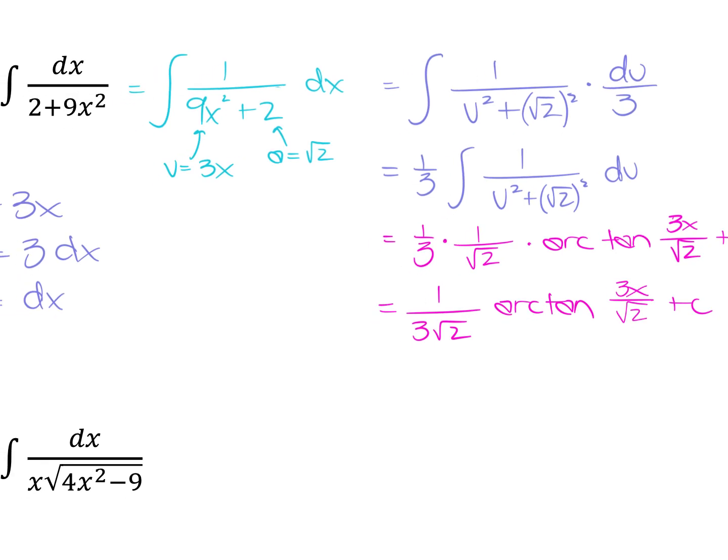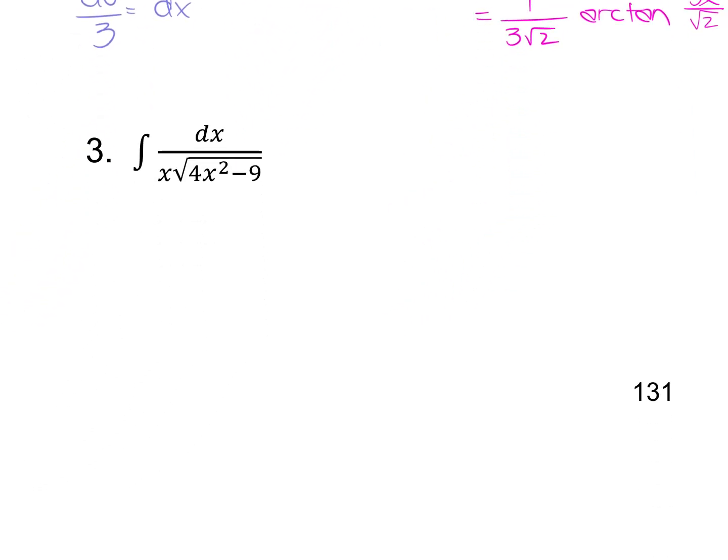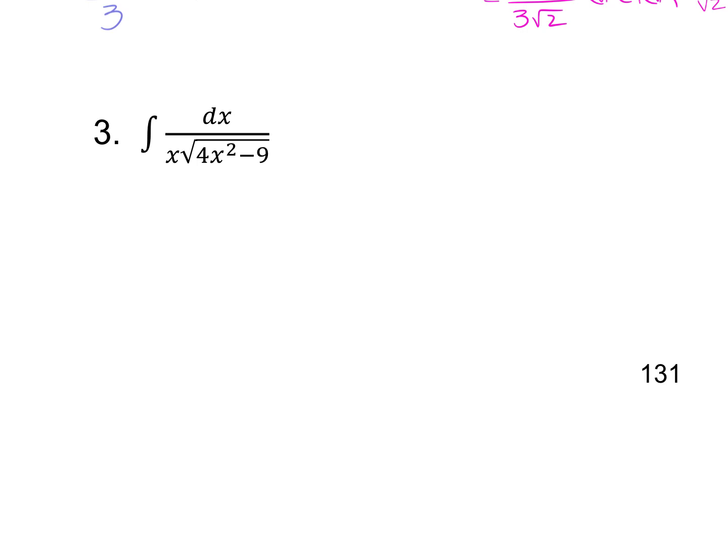All right. Question 3. Again, the dx is there. 3 looks most like which of our formulas? The secant one, the arcsecant. Now, there is no absolute value on that x. All that means is for this formula, the absolute value didn't actually matter.